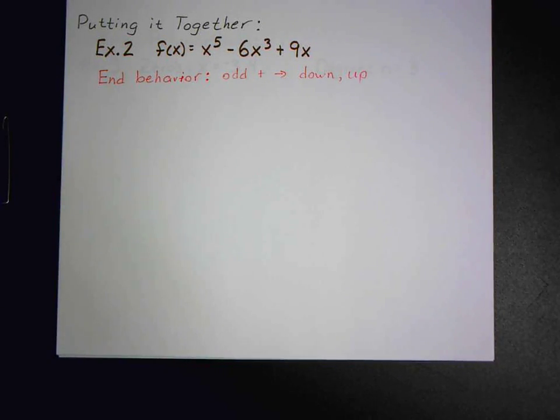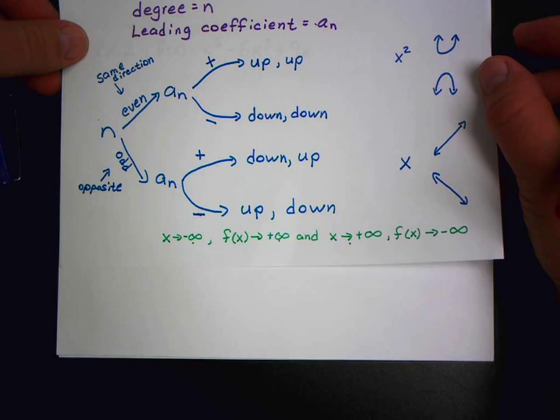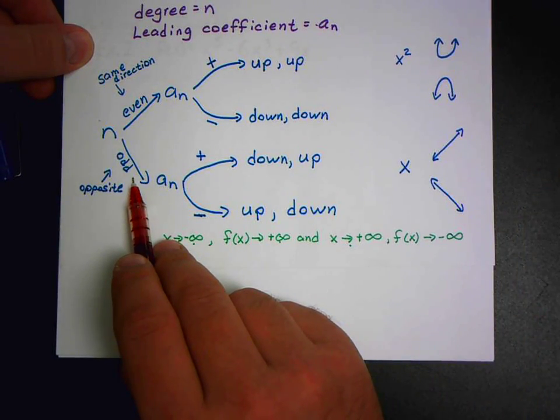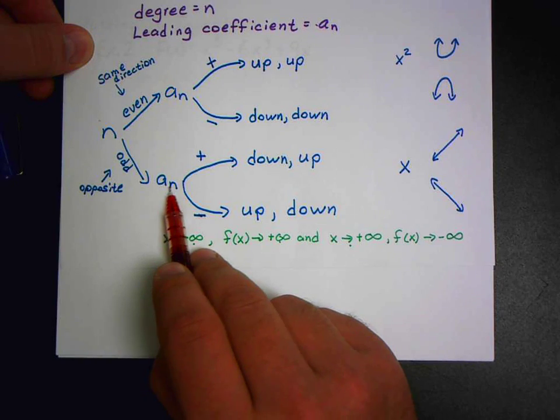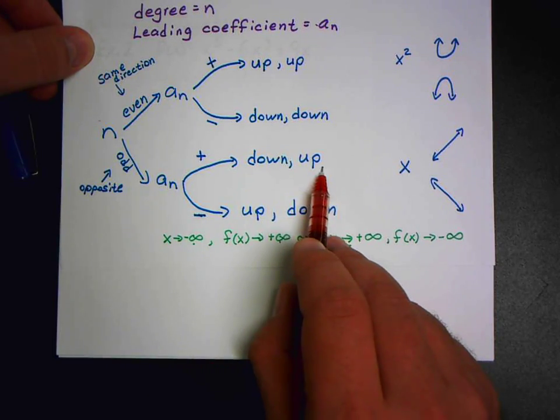So that was from the rules yesterday. As x to the fifth, since it's fifth, it's odd. The number in front of it is just 1, so it's positive, so our end behavior is down, up.